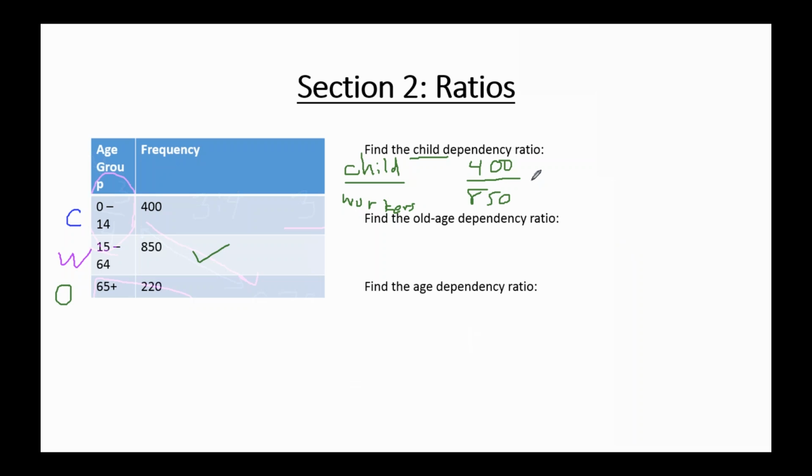Okay, so 0.470 is what Myra says. Does everybody agree with that? I hope so, because I didn't do the math. That's why I have you guys. All right, so when you're talking about child dependency ratios, 0.47.